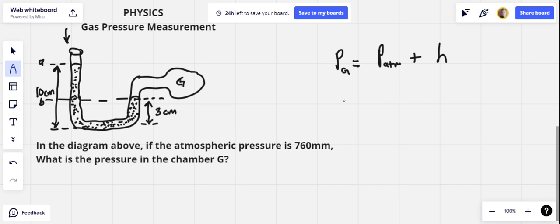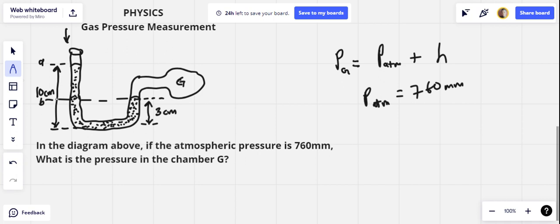Now our atmospheric pressure has been given as 760 millimeters. And then our H here, which is our pressure height, what will it be?